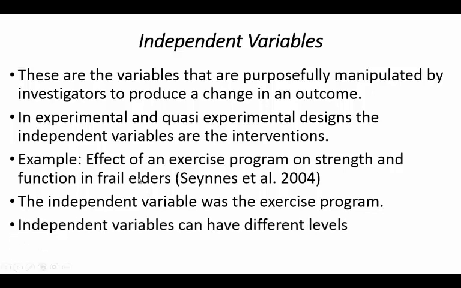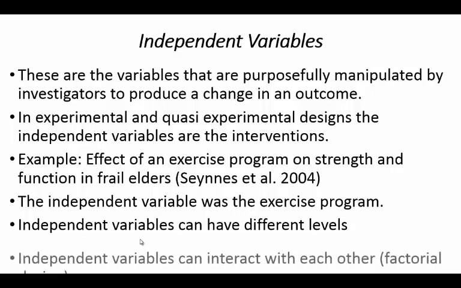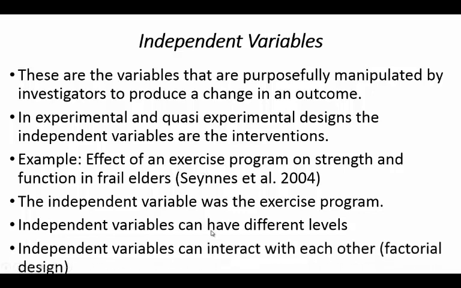When the independent variables have levels, and these levels can interact with each other, this is called a factorial design. So independent variables can interact with each other, and in this case the data should be analyzed in a different way.